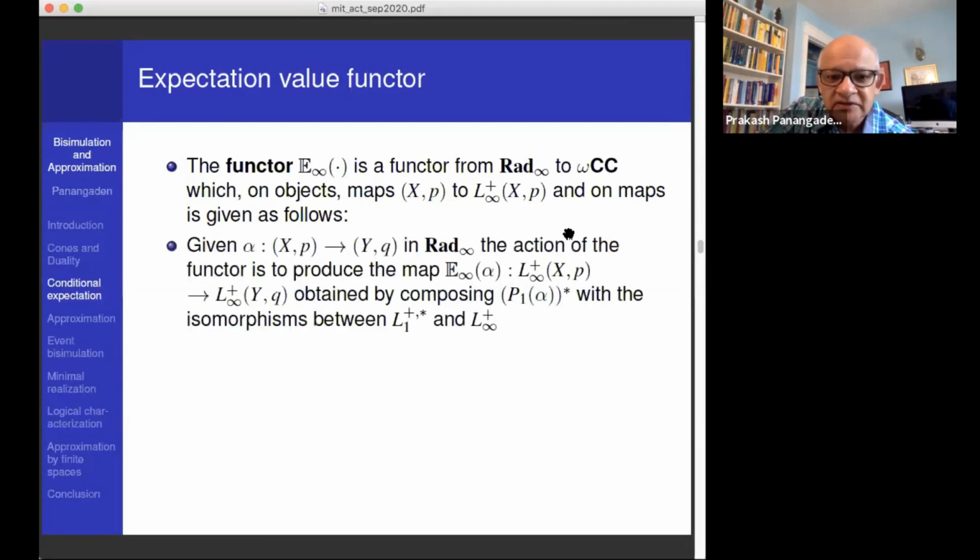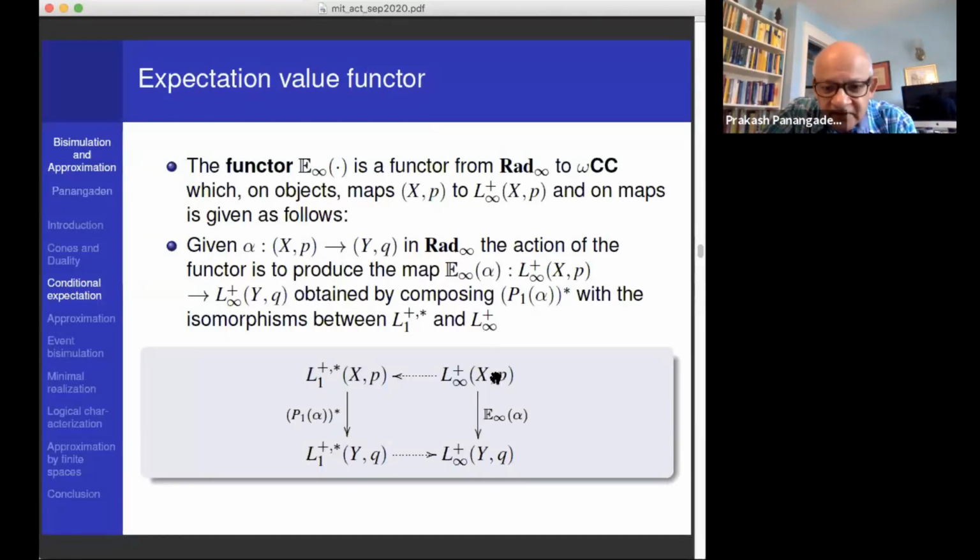So how does it work? Given a morphism in rad infinity, the action of the functor is to produce a map from L infinity plus X to L infinity plus Y, and it's simply obtained by composing P1 alpha star with the isomorphisms that go between L1 plus star and L infinity plus. I'll show you this diagram a bit later.